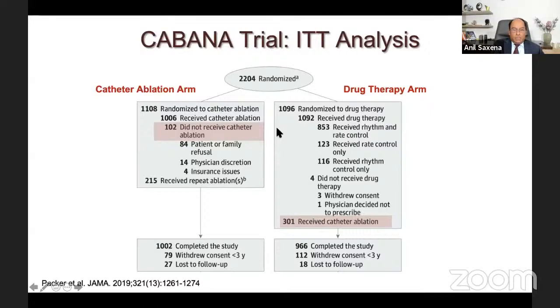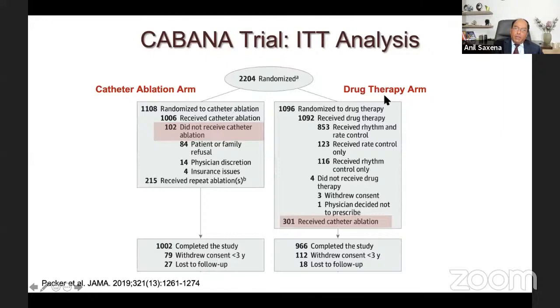But the convention has been that we analyze the two arms on an intention to treat basis, that when they were assigned to this arm, they remain in this arm. Whether they receive this treatment or the other treatment, they will be analyzed as if they are in the same arm. So even the patients who did not receive catheter ablation were analyzed in the catheter ablation arm.